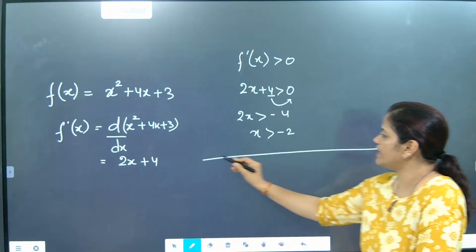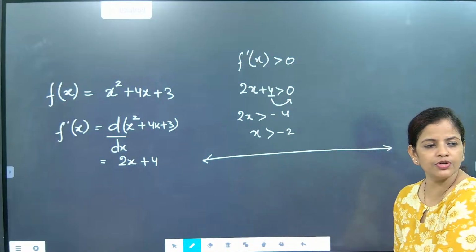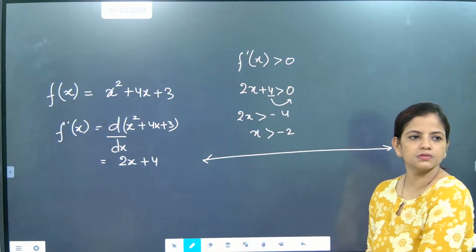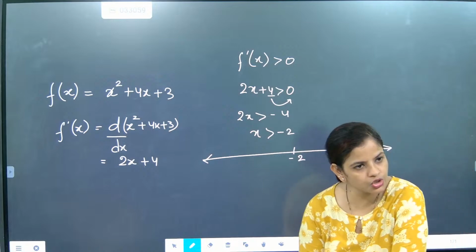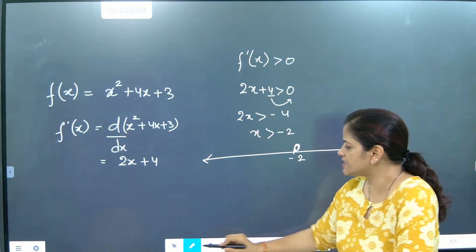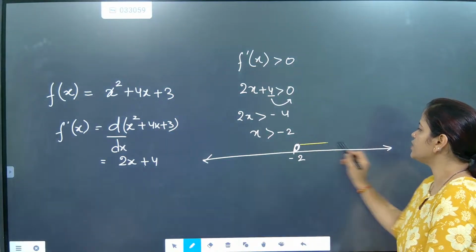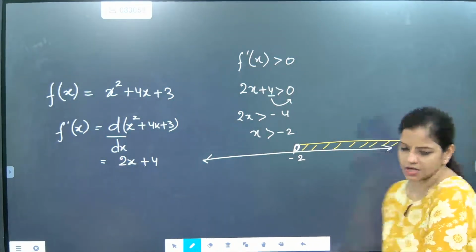Now our interval: x should be greater than minus 2. Since it is a strict inequality, we will take those values which are exactly greater than this.